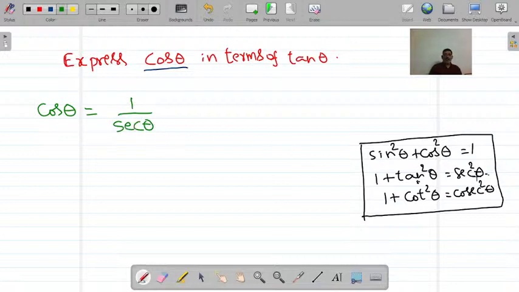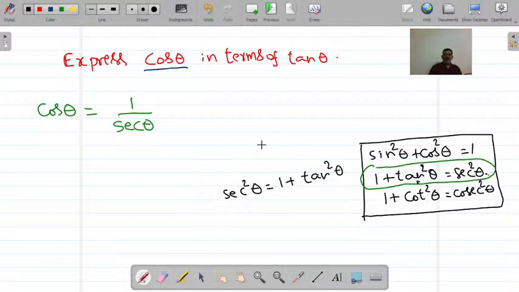Now you observe, what is secant theta? As per this identity, secant square theta is 1 plus tan square theta, but I don't have the square, right? I know that secant square theta is equal to 1 plus tan square theta, but I have only secant theta.